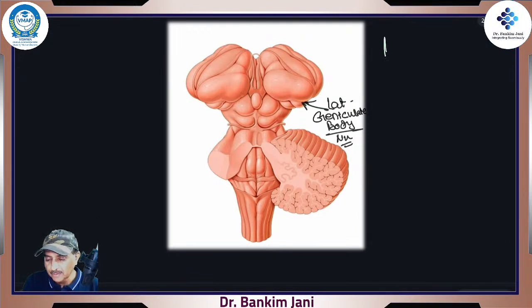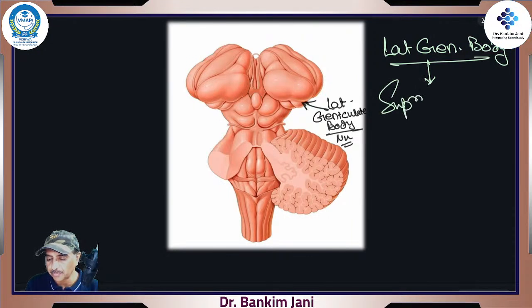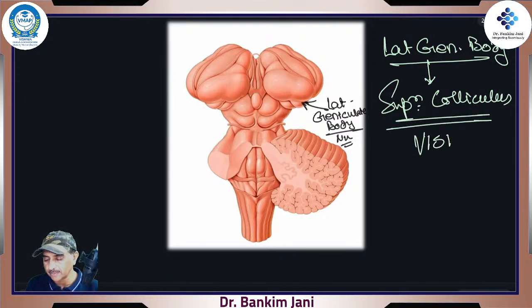So this lateral geniculate body or nucleus will lead to the superior colliculus, and the superior colliculus will be handling the vision, right? So they are like relay stations, the medial geniculate and the lateral geniculate.